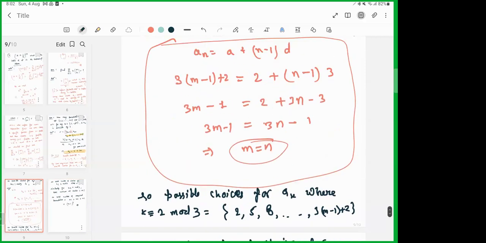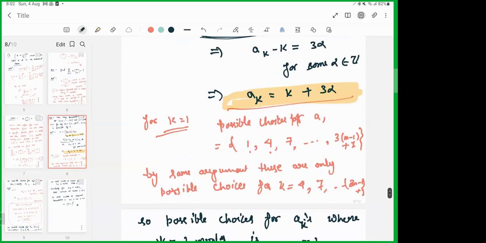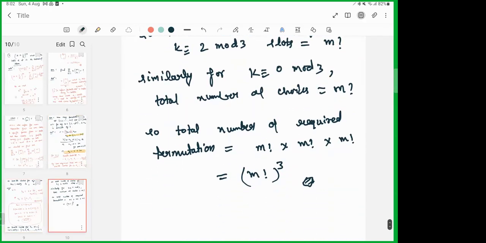So is this clear or any doubt you can ask me? Any doubt? So can you show the final solution? Any number A_K will be either congruent to 0 mod 3, 1 mod 3, or 2 mod 3.